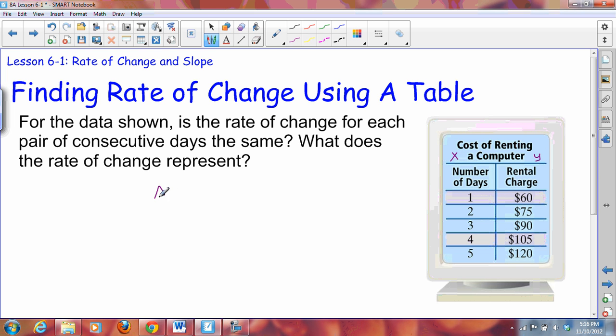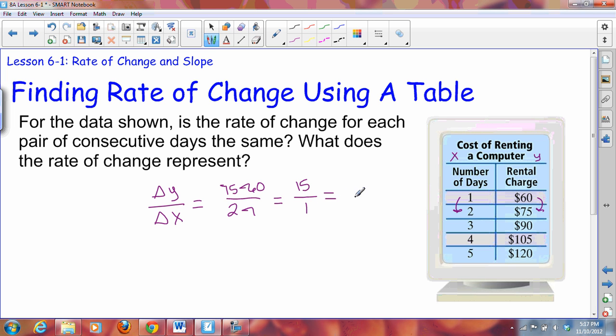So we have change in y over change in x. Okay, so to get from 60 to 75, it changes by 15, because 75 minus 60 is 15. Change in x, to get from 1 to 2, it goes up 1. 2 minus 1 is 1.